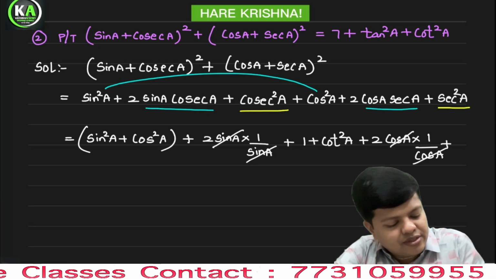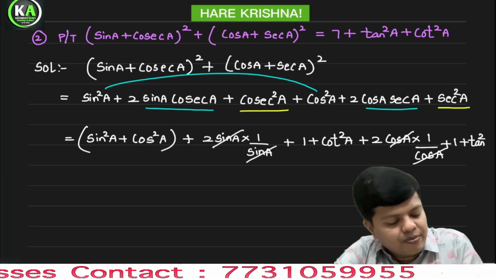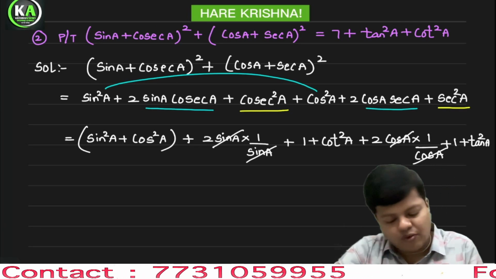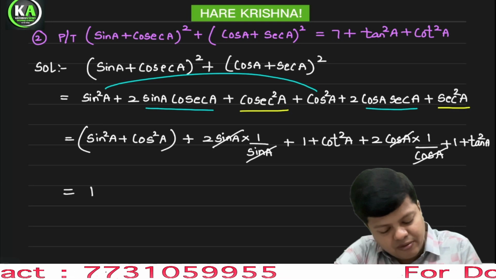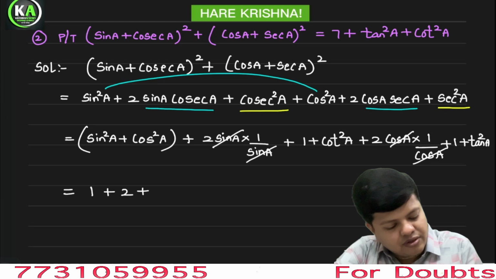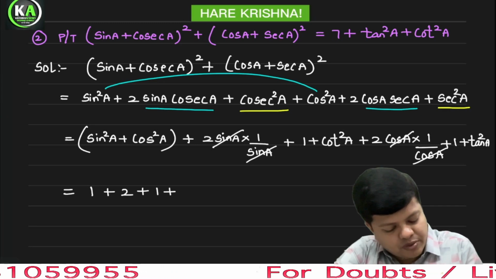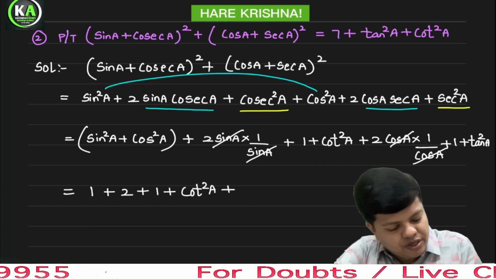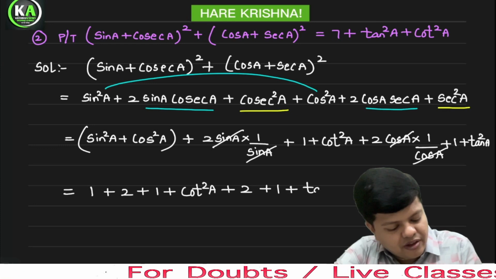Secant square A is 1 plus tan square A. So what is the answer? Sin square A plus cos square A is 1, plus 2 ones are 2, plus what is left, 1 plus cot square A, plus 2 ones are 2, plus 1 plus tan square A.